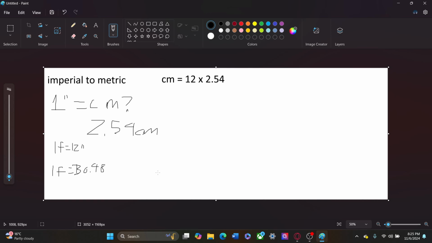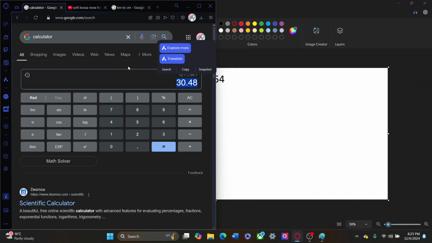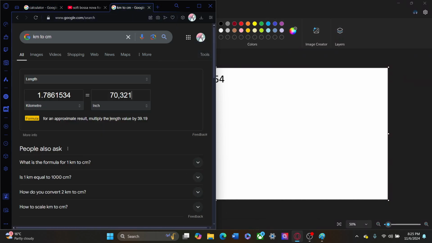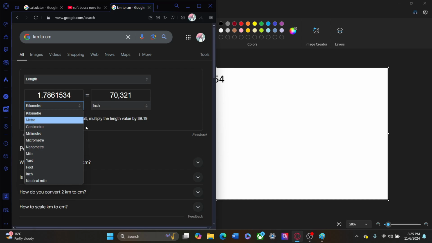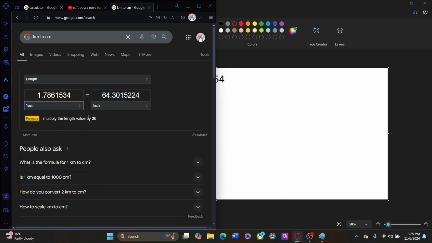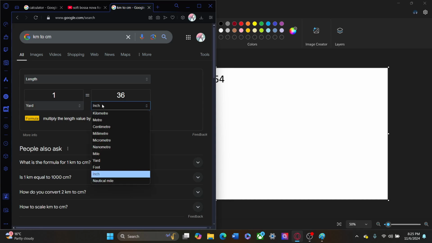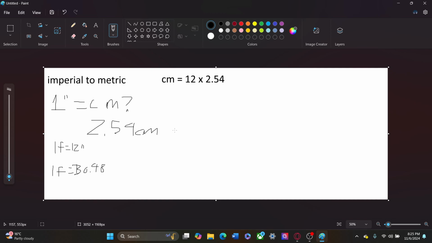Okay, awesome. Now a yard. Honestly, I'm pretty sure what a yard is. 1 yard is 36 inches. Or how many feet? 3 feet. Okay, that works.